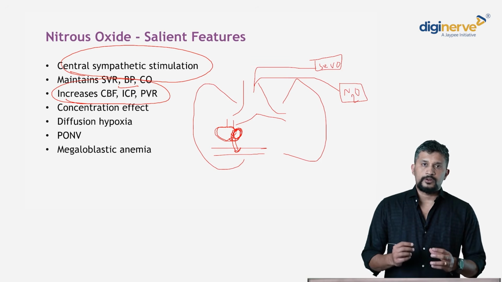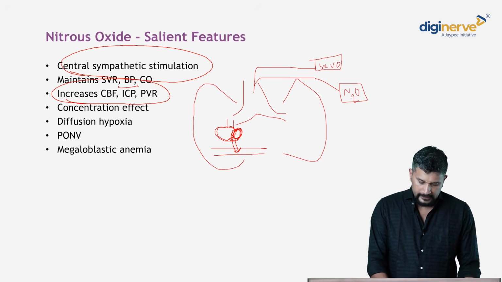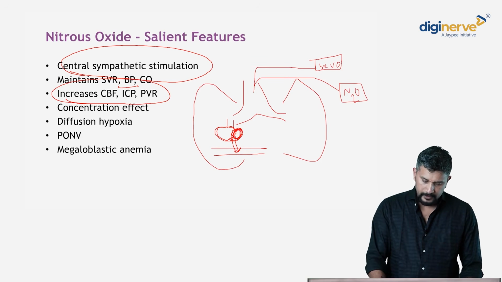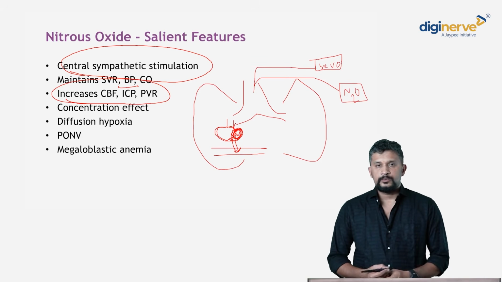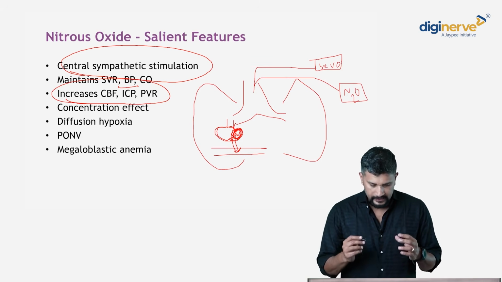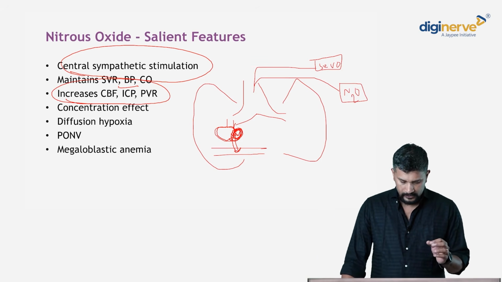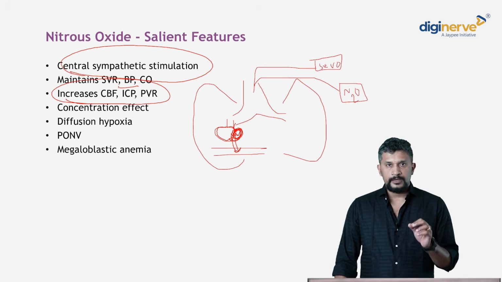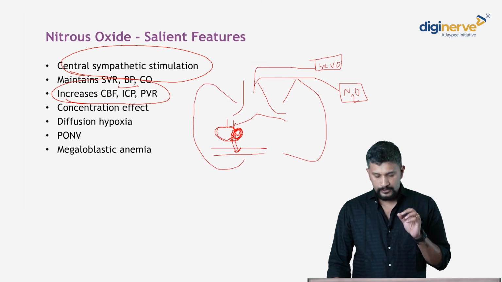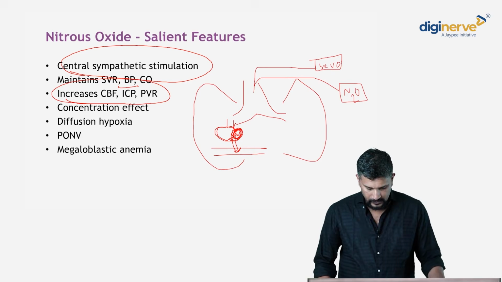This is the concentration effect, and the void is filled up by more and more quantities of the volatile anesthetic, which is the second gas effect. This is very commonly seen with nitrous oxide. It is asked very often in entrance exams, so please do pay attention and learn these concepts.